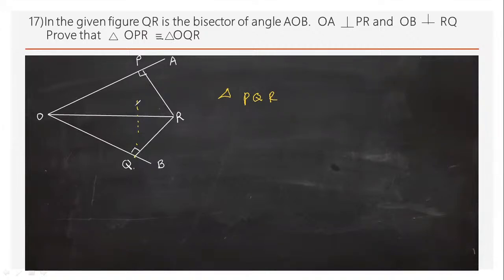No, there is a problem in this sum. That is a mistake. I have to correct it. I will correct it after we go to the other sums and complete those.